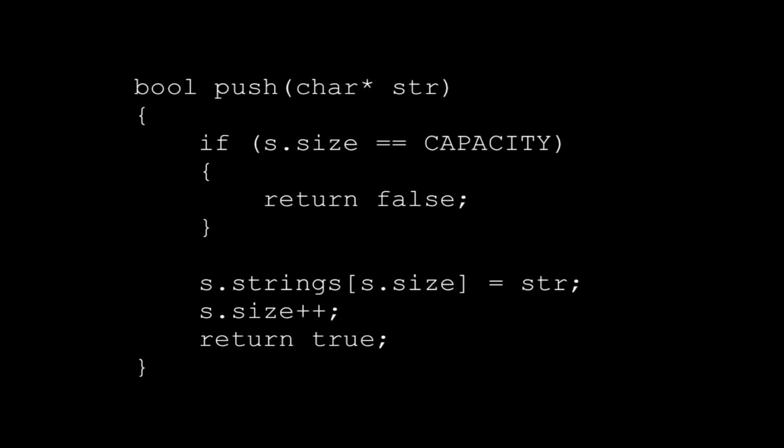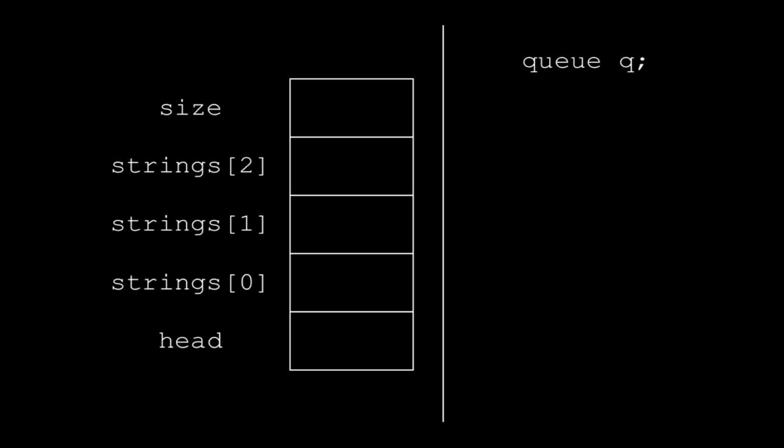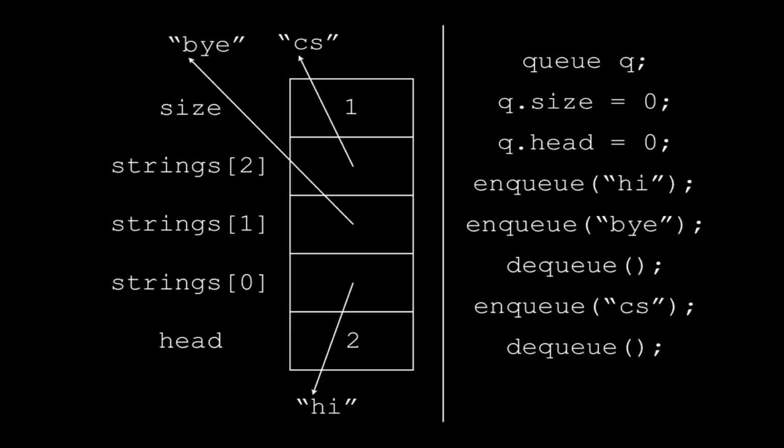Whereas with the queue, we can't do that, because if we're at this situation, if we enqueued 50, our new string would go right at string sub 1, which we don't want to do. We want to have the new string go at index 0.